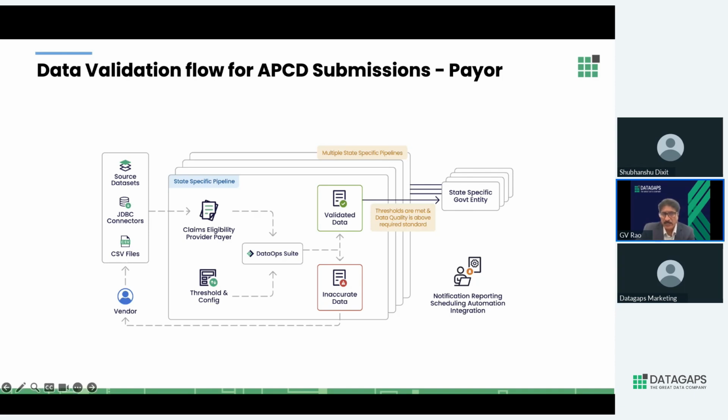You just start connecting the source to this particular DataOps Suite. And it in turn validates whether the data that is being projected in the report is correct or is there an inaccuracy. And that is where you come up to the validated data and then inaccurate data.